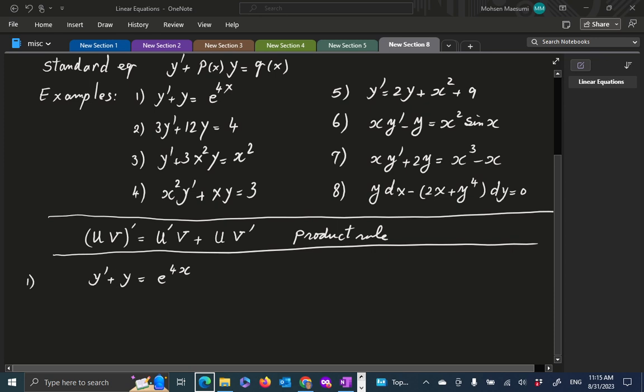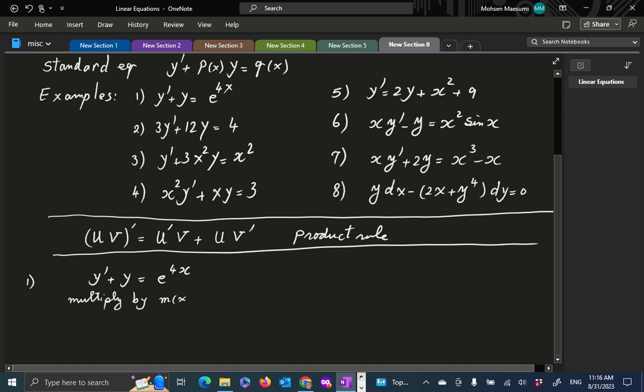So what I think about is to take this and multiply by some as yet unknown function, in the hope that the left hand side of this would be a match for what I have over there. So I'm going to multiply this by some as yet unknown function. We call it m of x.